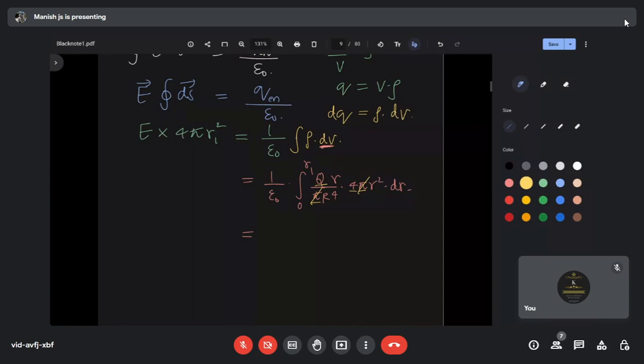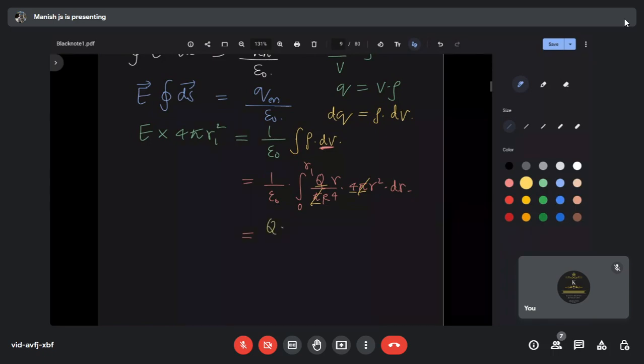Okay, so first let me remove everything outside, all the constants appropriately. If you are removing all the constants outside, you will get pi power 4 divided by 4. So R power 4 divided by 4.